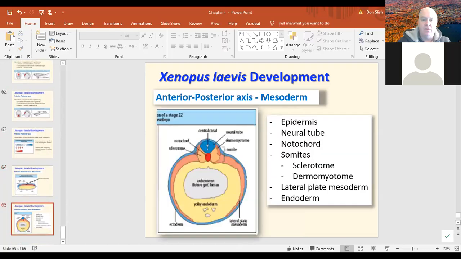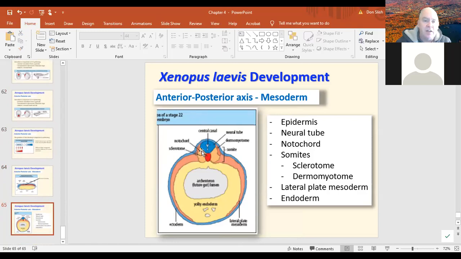And last but not least, looking dorsal to ventral here, you've got everything you need to make an embryo at this point. You start out with epidermis, which is on top, but also covering the whole body. So this is after neurulation. You've got your neural tube, which is going to be brain and spinal cord, and the nodal cord, which induced that neural tube.